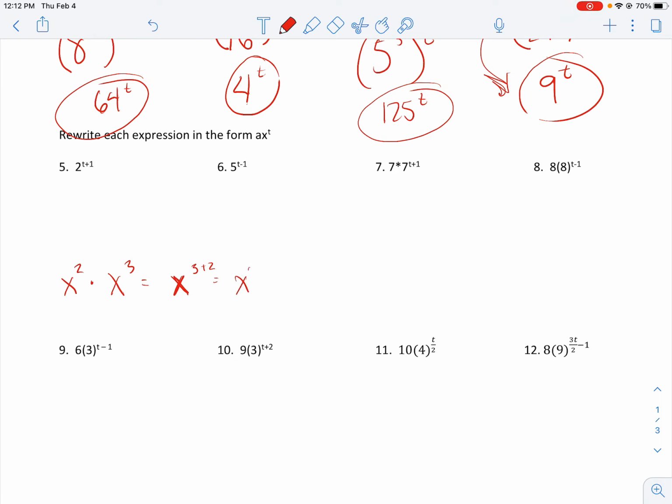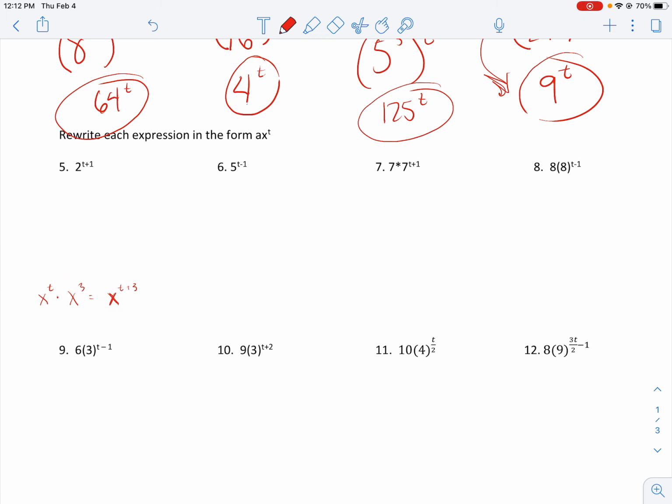But what's really going on here? What if, for whatever reason, it was x to the t power? Then our answer would just be x to the t plus 2, and we would just have to leave it like that. Whoops, that would be a 3, sorry. Kind of like what we have up above here.